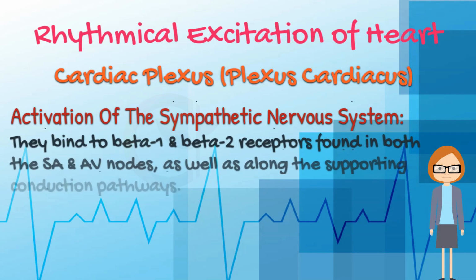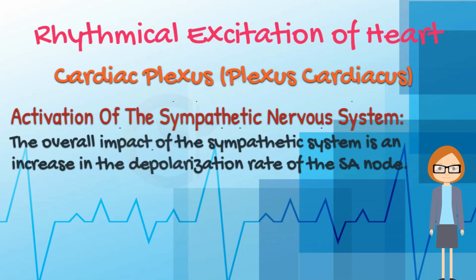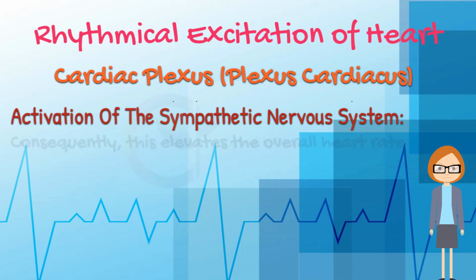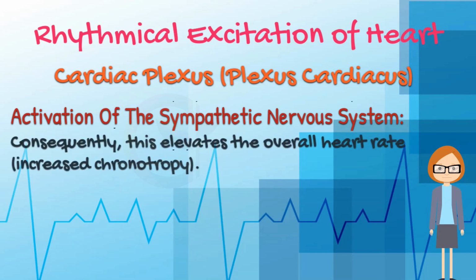They bind to beta-1 and beta-2 receptors, found in both the SA and AV nodes, as well as along the supporting conduction pathways. The overall impact of the sympathetic system is an increase in the depolarization rate of the SA node. Consequently, this elevates the overall heart rate, that is, increased chronotropy.